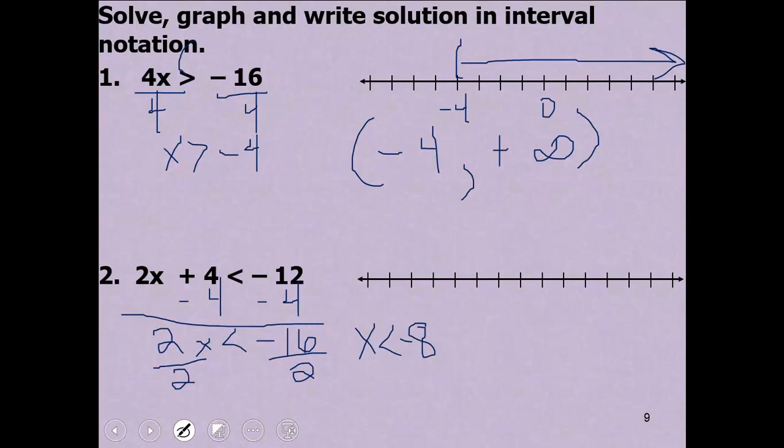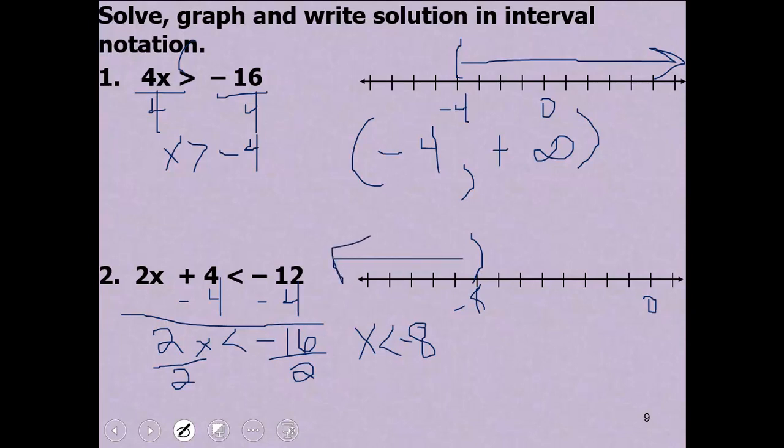Okay, so I'm going to graph that. Again, I don't have the equal portion of this inequality. It's just less than negative 8. So here we go, 1, 2, 3, 4, 5, 6, 7, 8. Here's negative 8. I'm going to use a parenthesis. I want everything to the left of this because that's all the less thans.